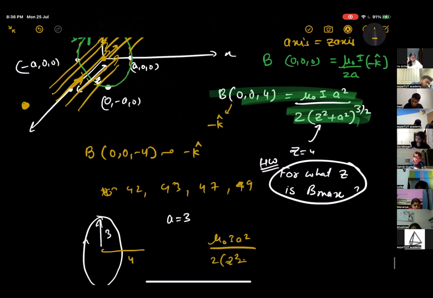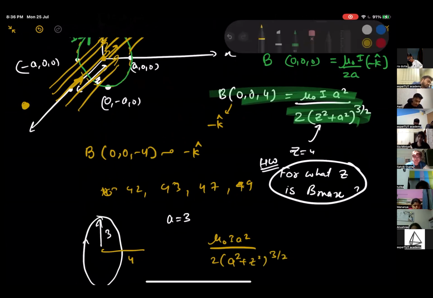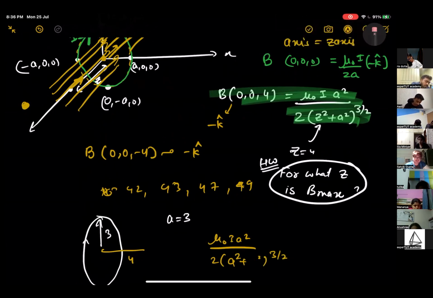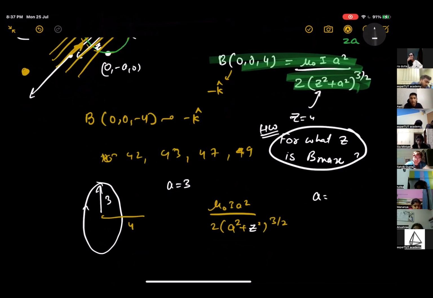So we'll put the radius a as 3 centimeter, and x as 4 centimeter. ये फॉर्मूला x में याद मत रखो, इस फॉर्मूला को z में याद रखो. z इसलिए बोल रहा हूँ क्योंकि हमारे दिमाग में z हम एसोसिएट करते हैं वर्टिकल डायरेक्शन से. तो ये फॉर्मूले हमेशा z में लिखो, कभी x में लिखो ही मत. तो a की वैल्यू 3 into 10 power minus 2, I की वैल्यू 12.5, और z की वैल्यू 4 into 10 to the power minus 2. कर लेना, निकाल लेना, आ जाएगा.